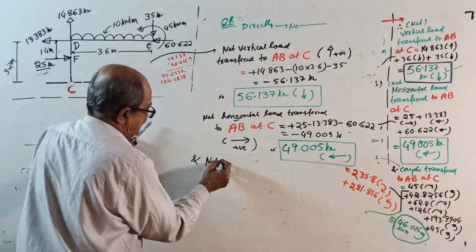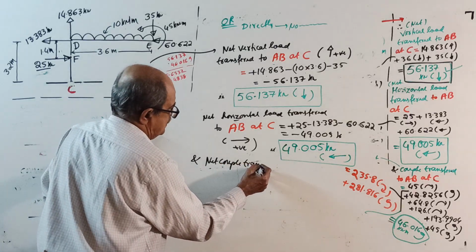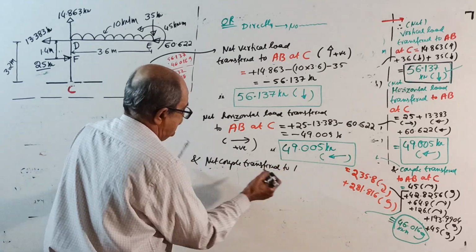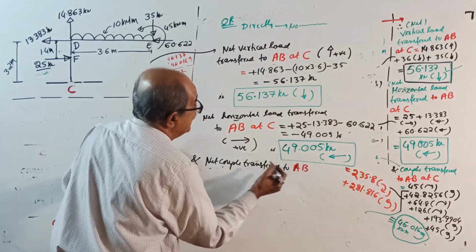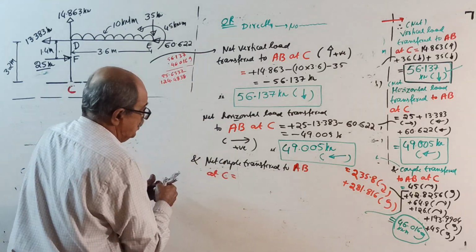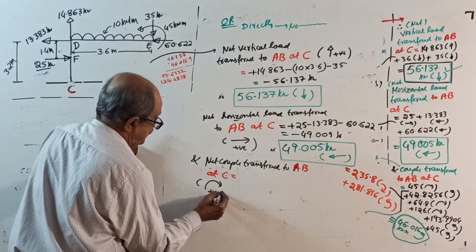And net couple transferred to your beam AB at C. See how much effort I am taking here. We will take the usual clockwise positive.